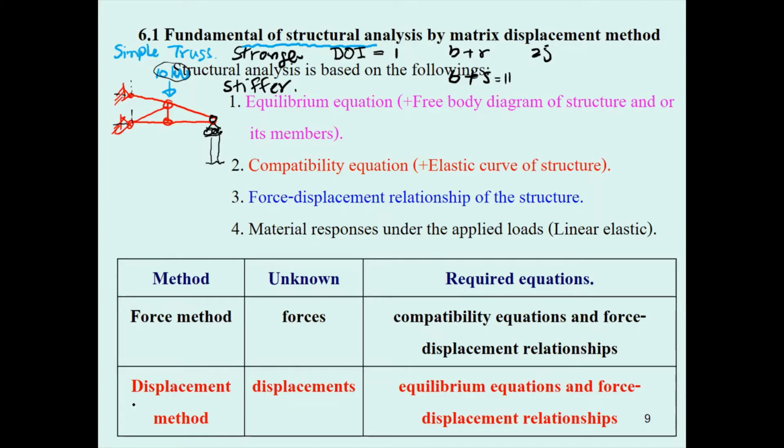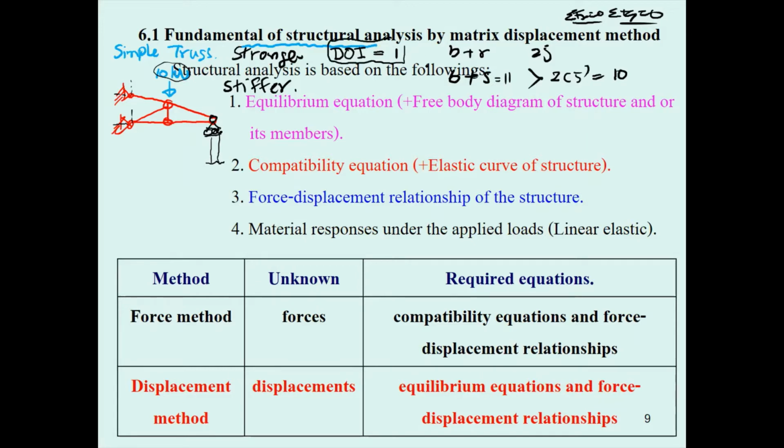How many joints do you have? 1, 2, 3, 4, 5. So you have 2 equations per joint: summation of Fx equal to 0, summation of Fy equal to 0 for one joint. So you have a total of 10. So b plus r is larger than 2j by 1. This is going to be a truss with degree of indeterminacy equal to 1.